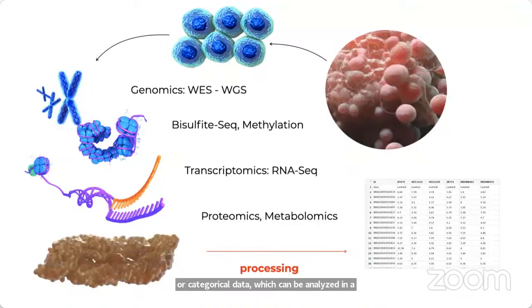So to do that, we have to organize steps of processing algorithms in sequences, which we will refer to as pipelines. And these analysis pipelines are specific to a particular type of omics data. For example, for genomics, we will have to set up a different pipeline of analysis methods.